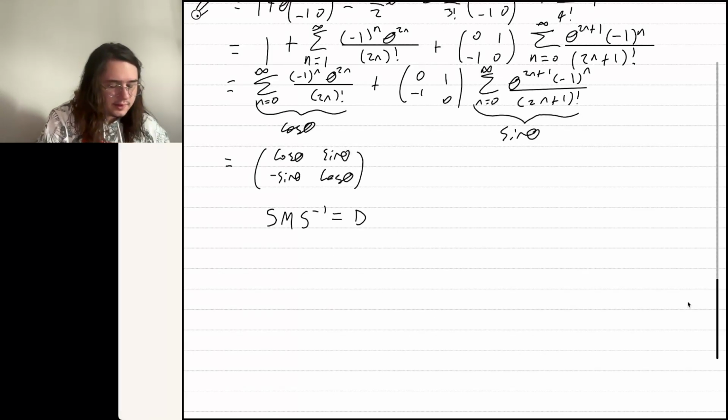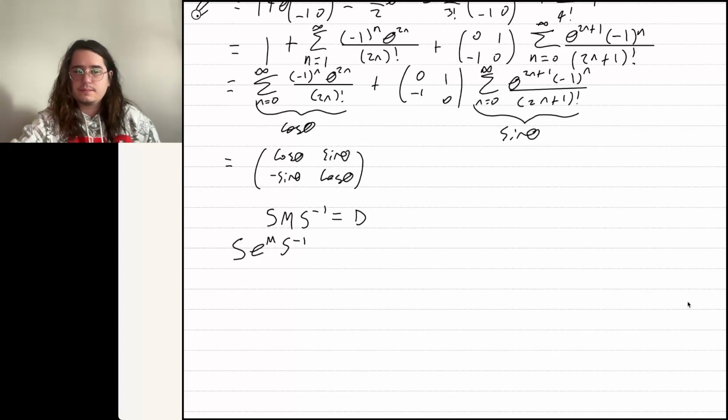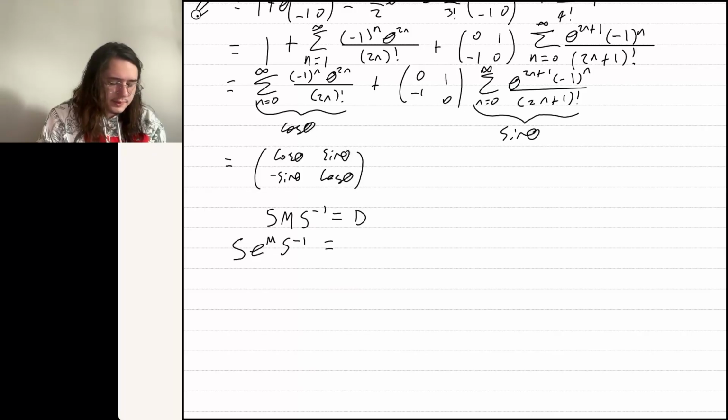So that is true. What if we write instead S e to the M S inverse? Then that should be equal to e to the D, right?